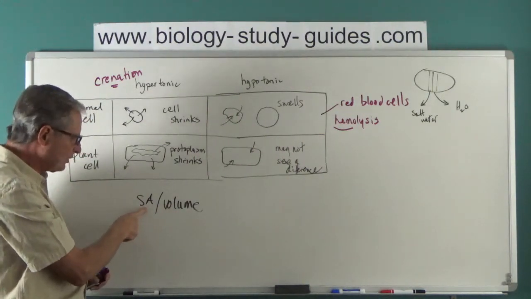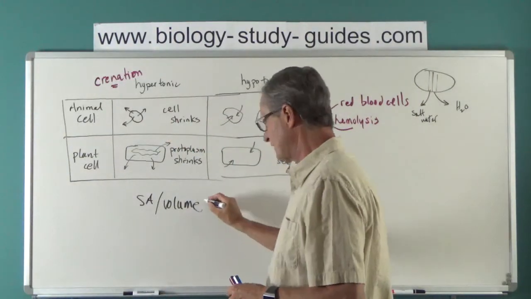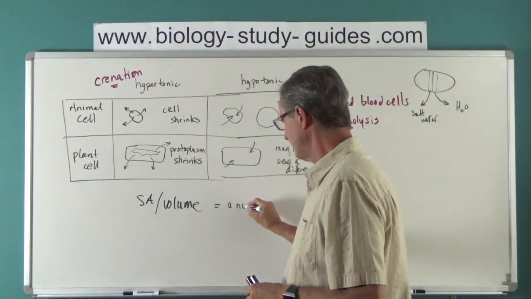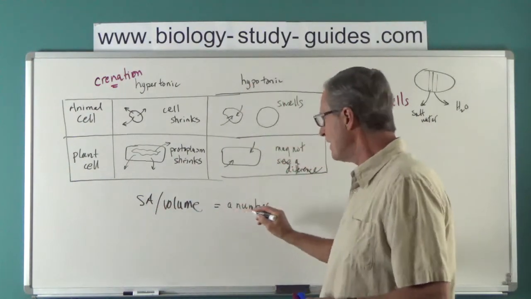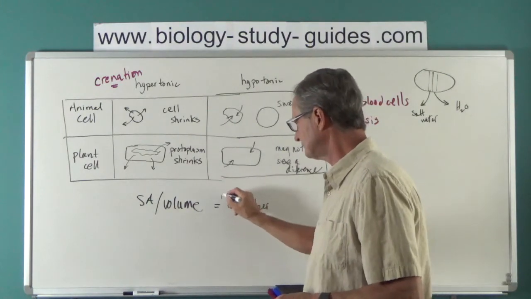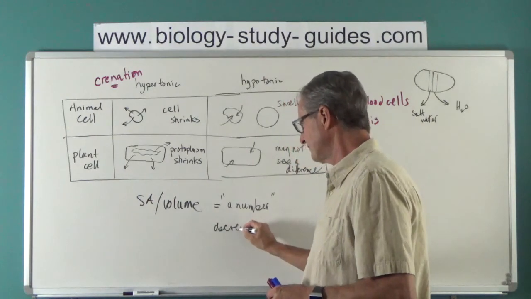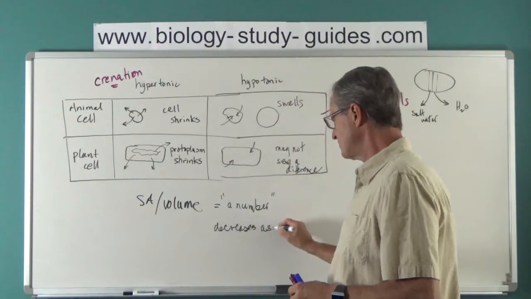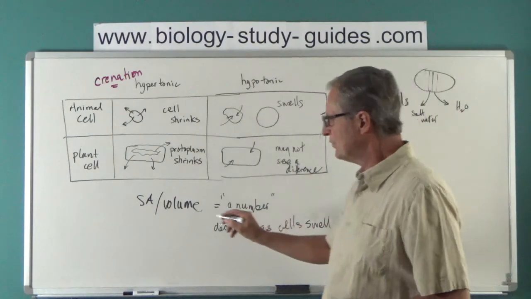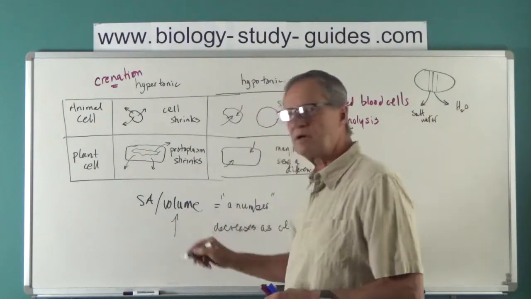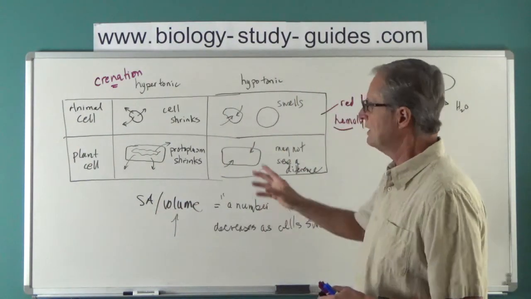The surface area to volume ratio, as a number, whatever the number might be, if we had a calculation here, will decrease. Surface area volume ratio decreases as cells swell. The reason it decreases is because that component of the fraction gets larger, this one doesn't change.